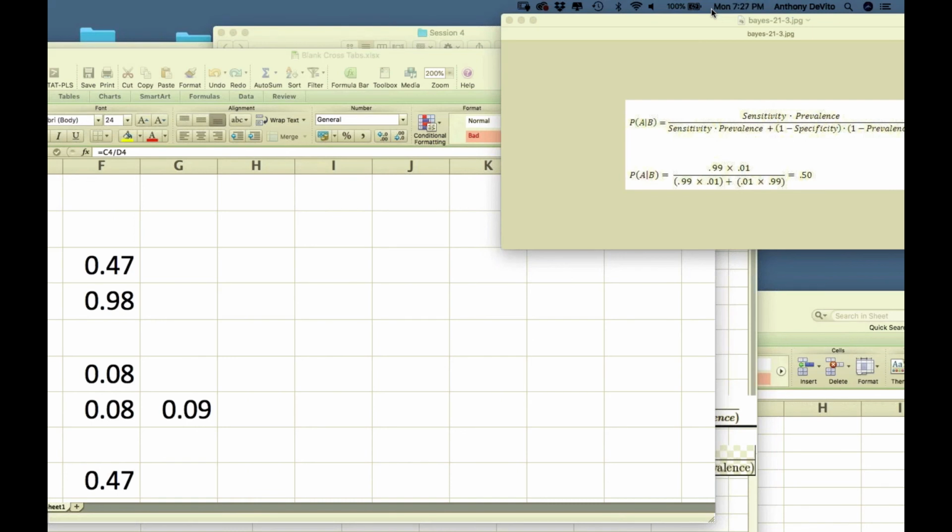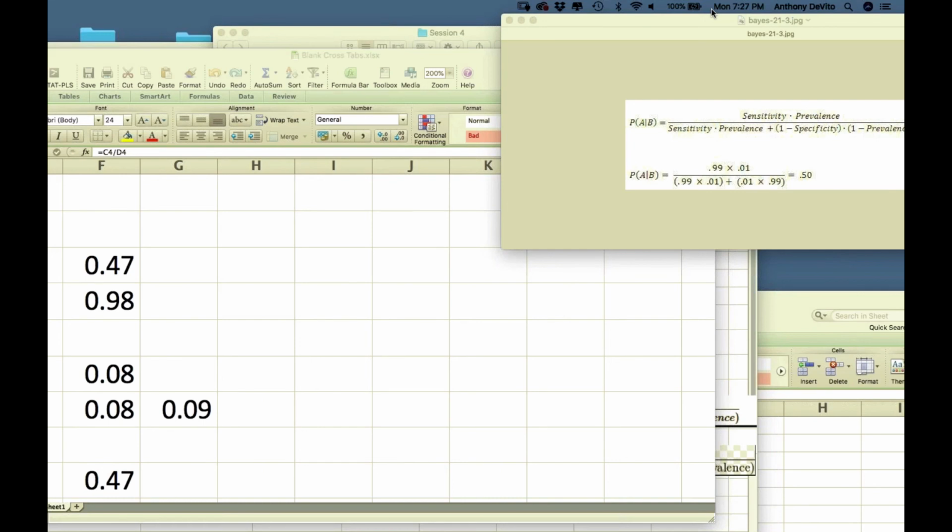Well, the Bayes theorem applies to many situations. We're just applying it to this. It applies to anything where there's a conditional probability. We're using it specifically for calculating the positive predictive value for a diagnostic test. In our case, we were looking at the probability that a person actually has a disease given that they've tested positive.